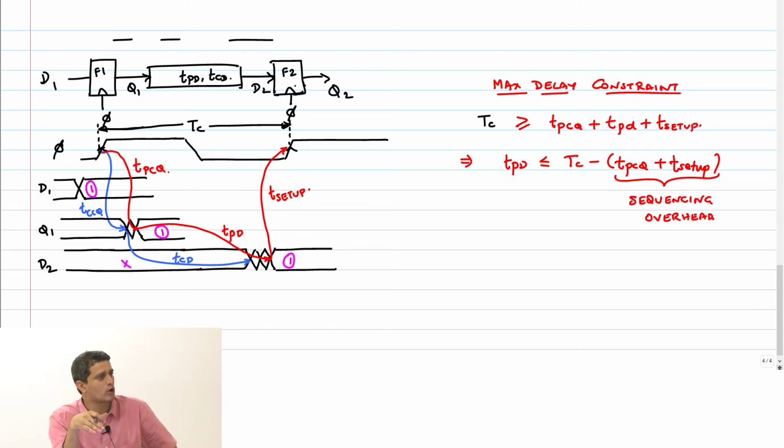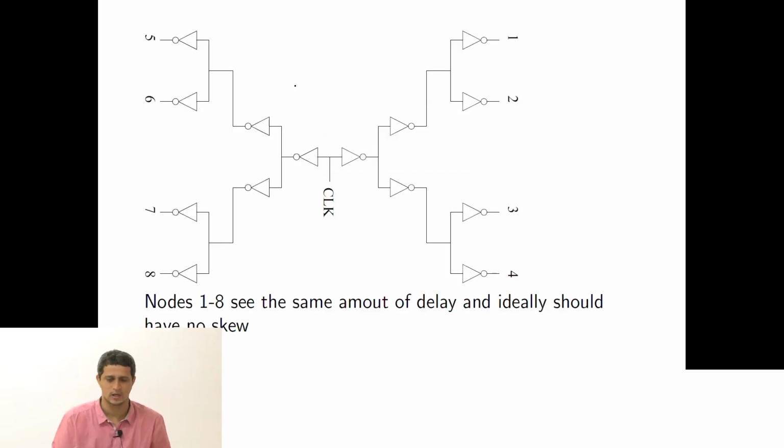So ideally you want it to be like this, and that's how you will design it with your clock distribution network. If you take this network here, all paths are the same. If you ensure that the layout also is symmetric across all of them, the delay will be the same. In simulation, you will see that the delay at all leaf nodes 1 to 8 is exactly the same. There is no problem. However, when you manufacture this, quite obviously you are going to have some process variations. All these inverters will not be identical to each other.